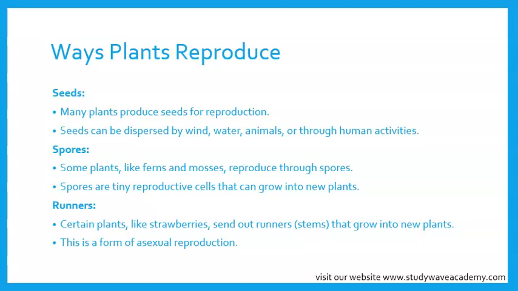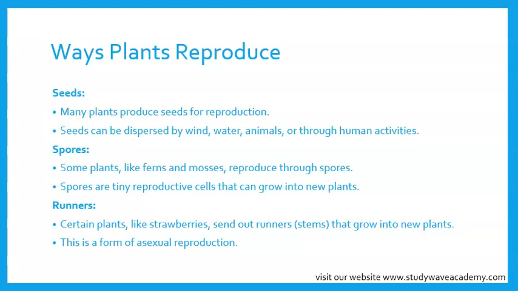Seeds can be dispersed by wind, water, animals, or through human activities. So many plants use seed to reproduce, okay? Many plants make seeds for new plants, and these seeds can travel by wind, water, or animals, also by human activities, okay?